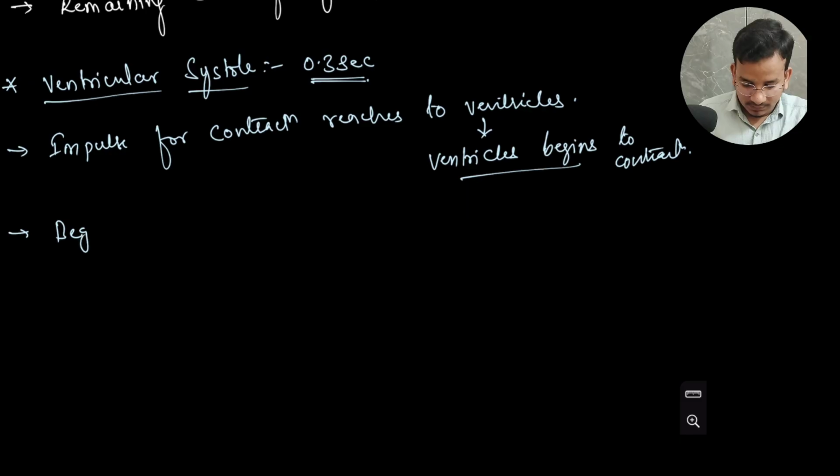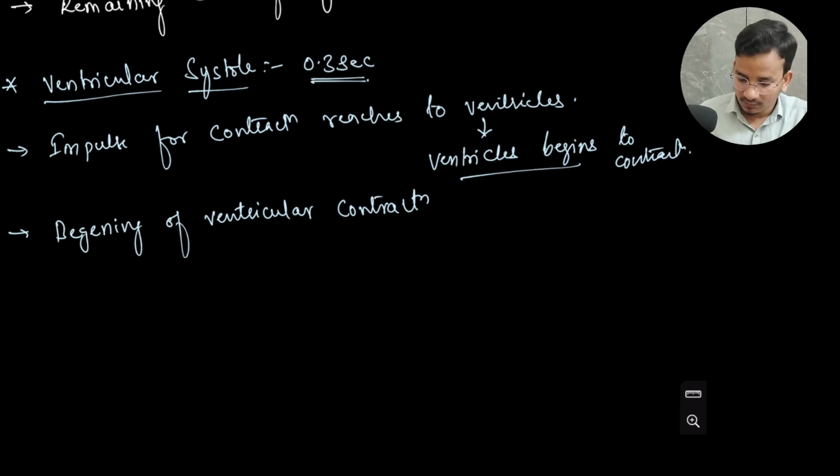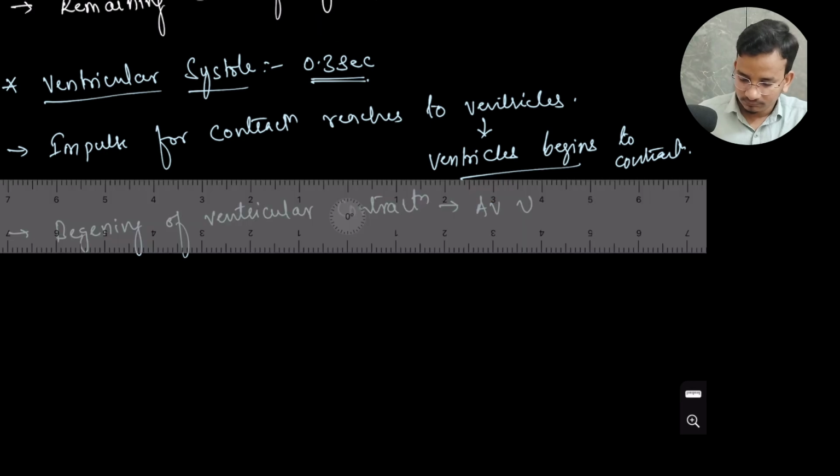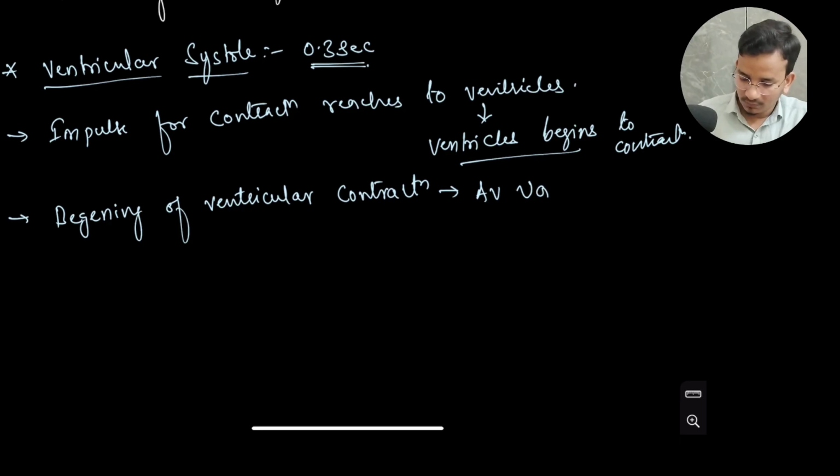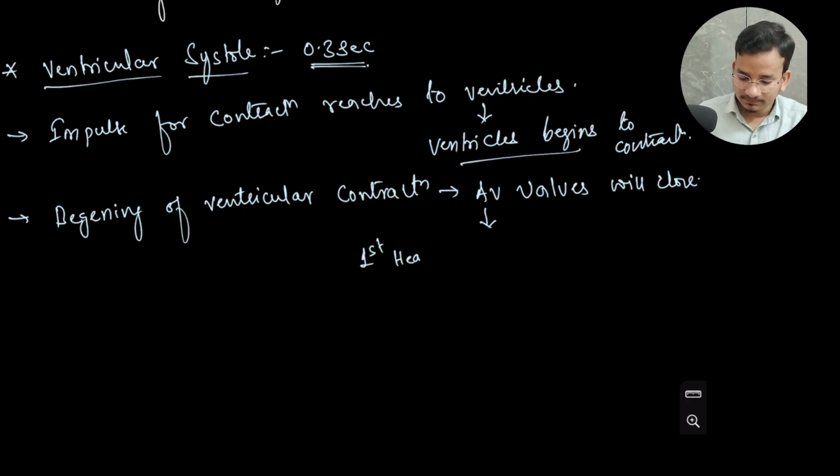At the beginning of ventricular contraction, the AV valves will close, and the closing of the AV valves will produce the first heart sound, that is lub.